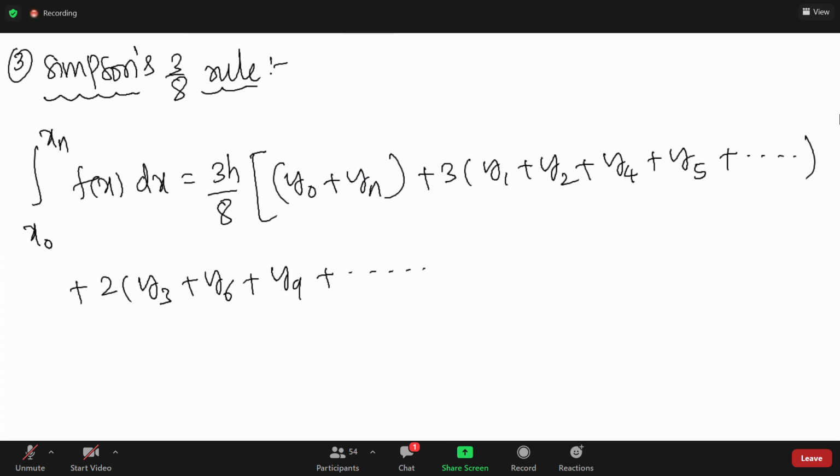Here the last term is defined: y1, y2, y4, y5, last term yn minus 1, here yn minus 3.